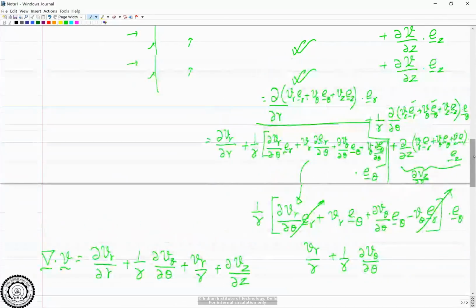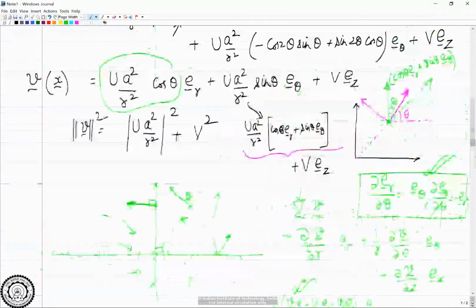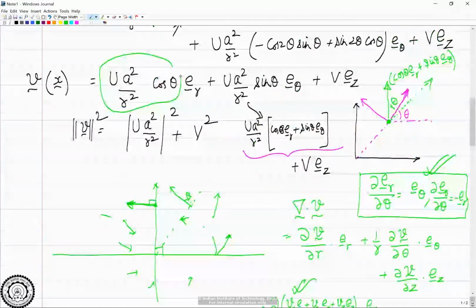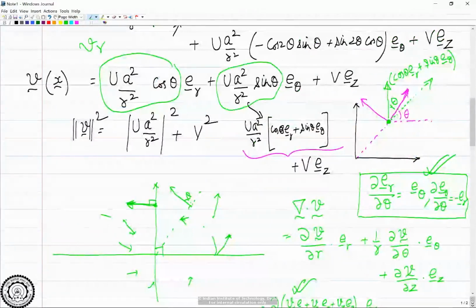So look at the formula of vr, v theta, vz. So that's your vr, and this is your v theta, and this is your vz. So del vz by del z is 0 because V is constant, capital V.